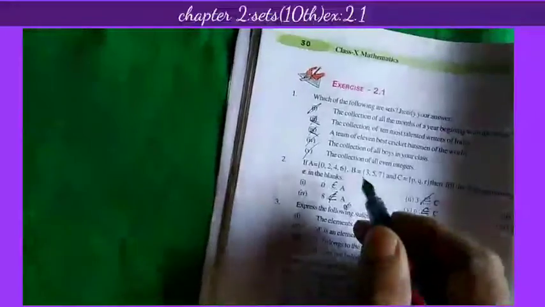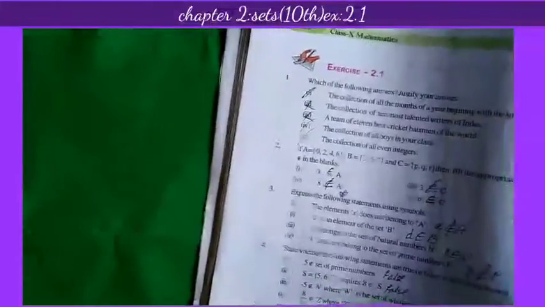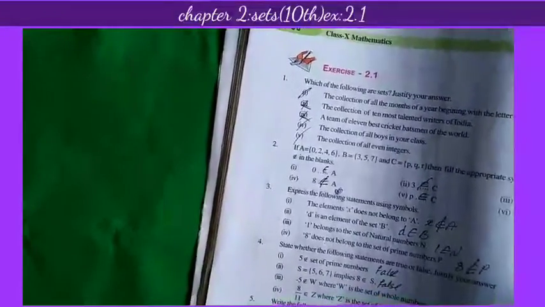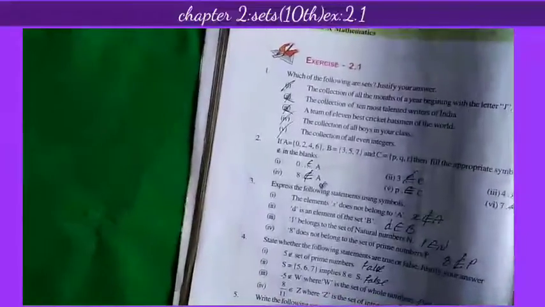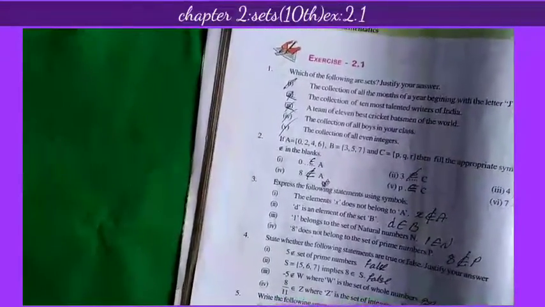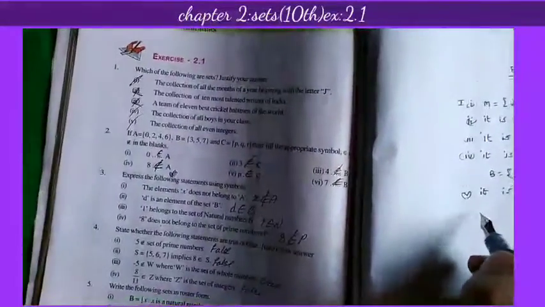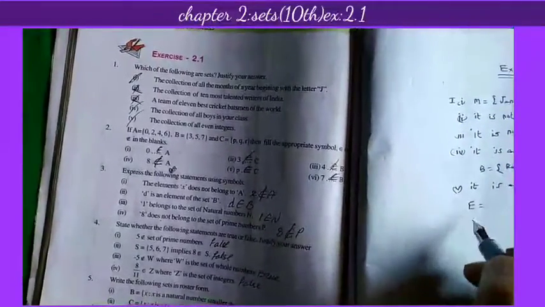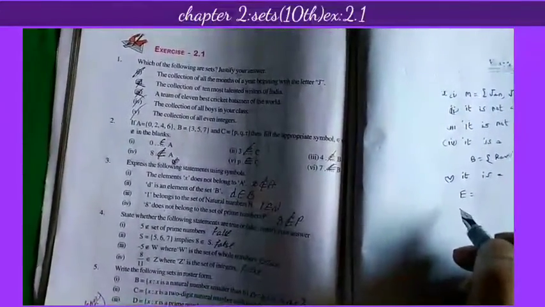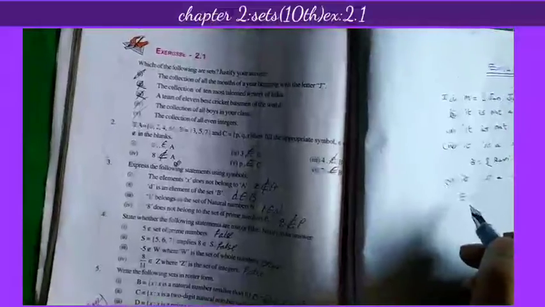Coming to the fifth question, the collection of all even integers. Yes, we can write all even integers, so it is a set. I named it as E. Because it is even numbers, we could denote it by any other uppercase letter also.